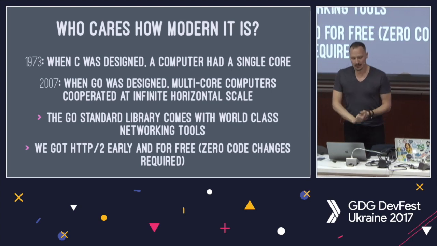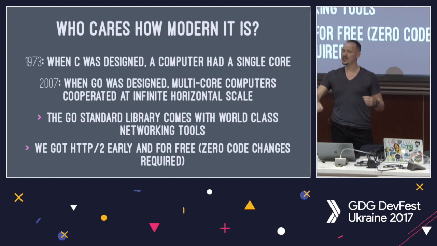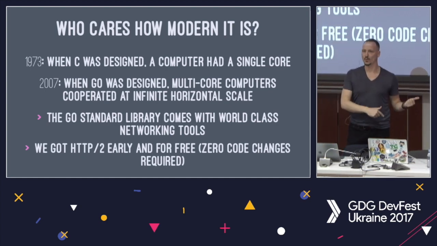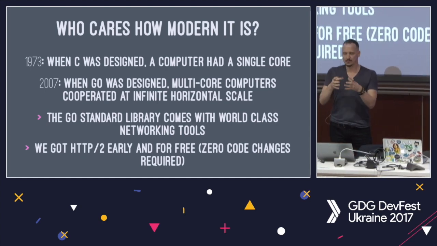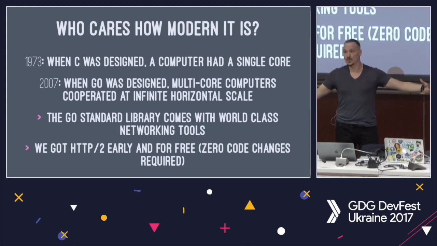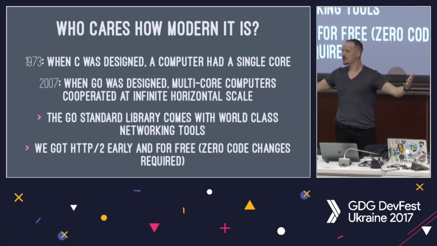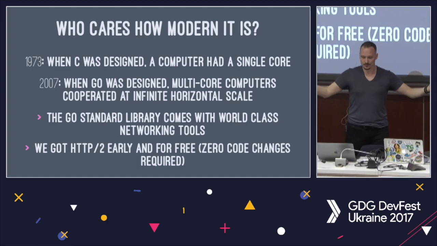But really, the key thing is, if you think about C, when C was designed, we were using computers in quite a different way. We had basically single core CPUs, and not everybody was running them at scale, the way we do now.